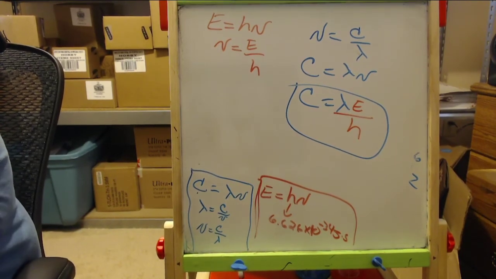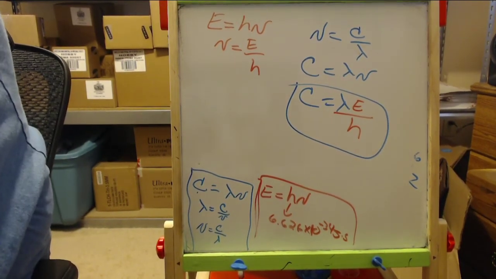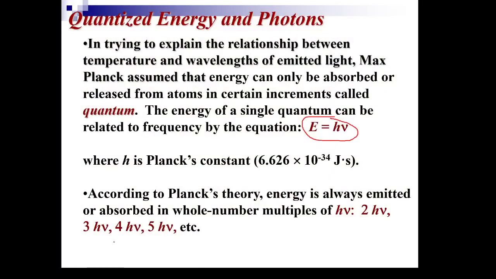The key, though, to this E equals h nu stuff is this right here. I can't have half values. I can't have increments. They have to be whole number increments of whatever h nu is.